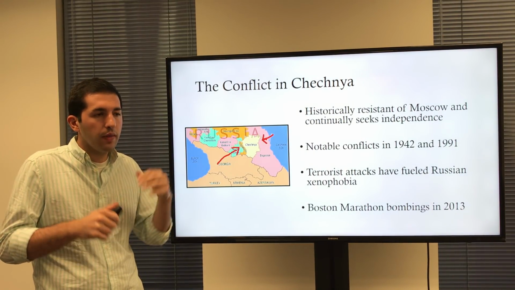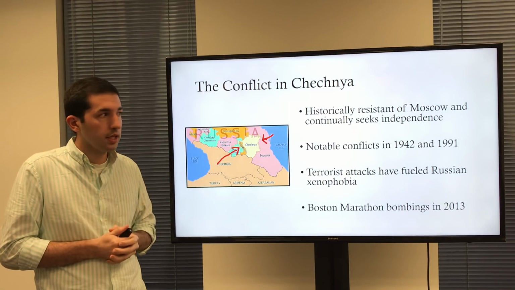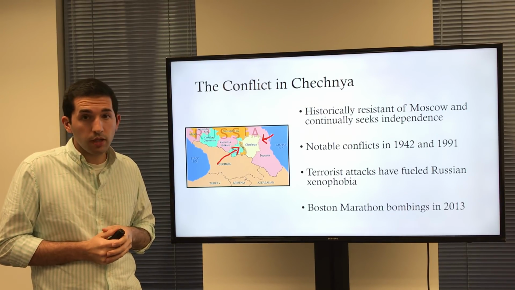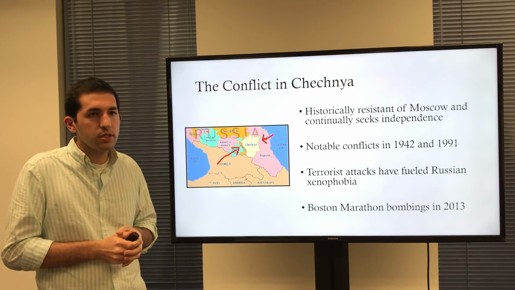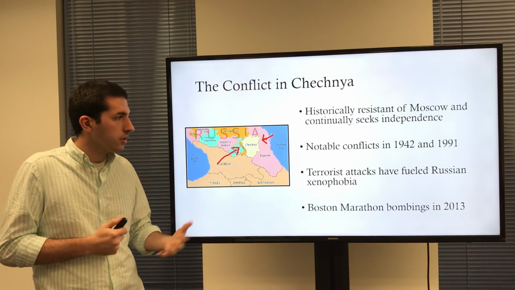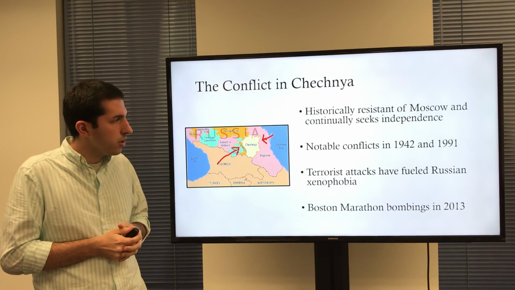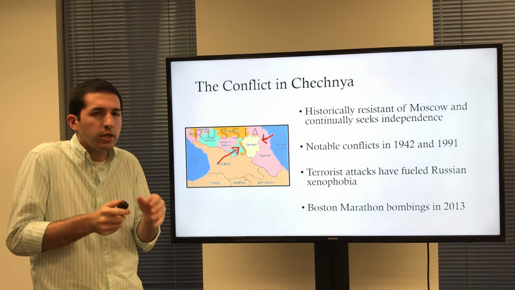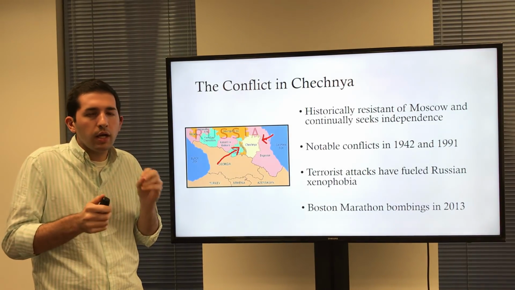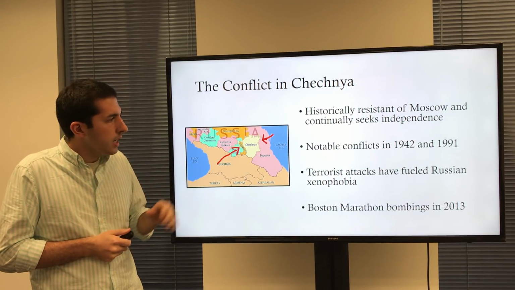In 1991, the Soviet Union falls. Chechens see this as a time to declare independence again. Again, it does not go well. This is a very small area against the entire force of the Russian Federation. The Russians beat them back, and so it remains an area in contention with certain political and economic autonomy, but at the same time part of the Russian Federation.